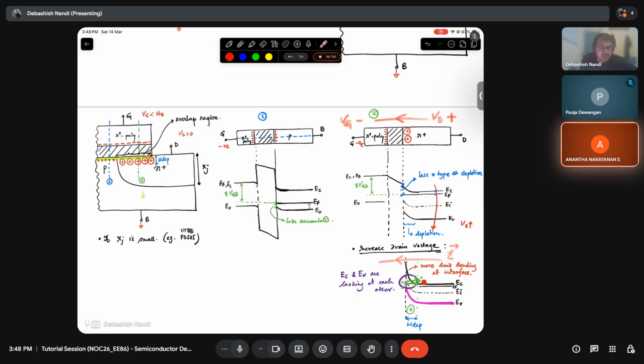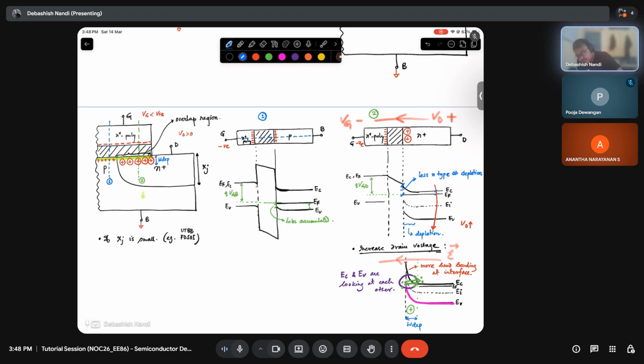Okay, so the same thing if I draw here, inside this depletion region, I will get an electron here and a hole here as well. This hole is basically at this location, and these two are one energy band gap apart, separated by this depletion width.